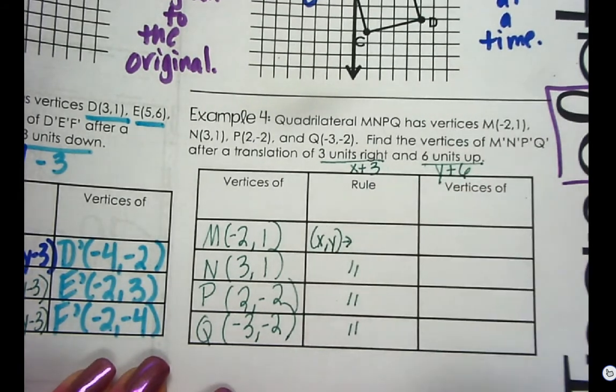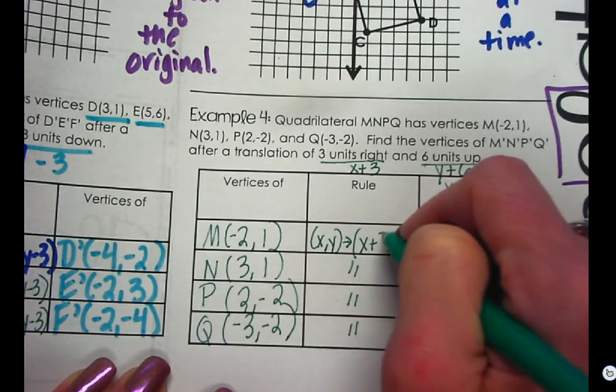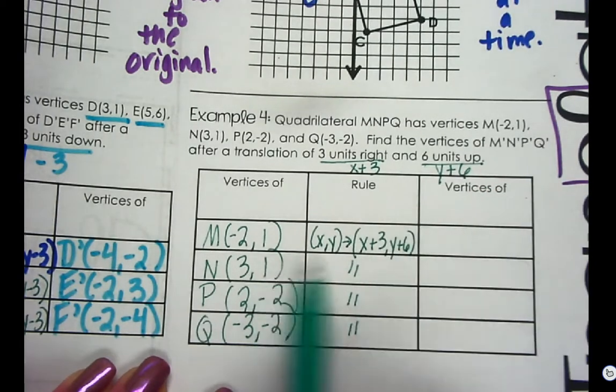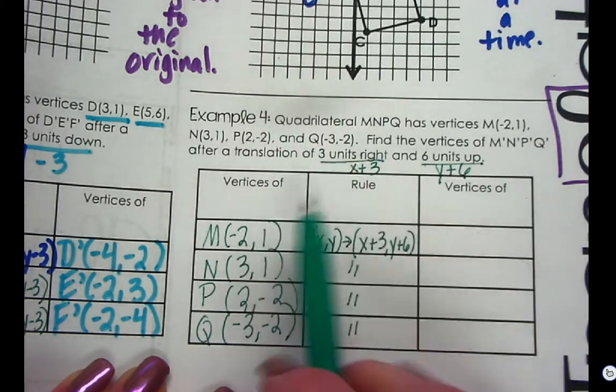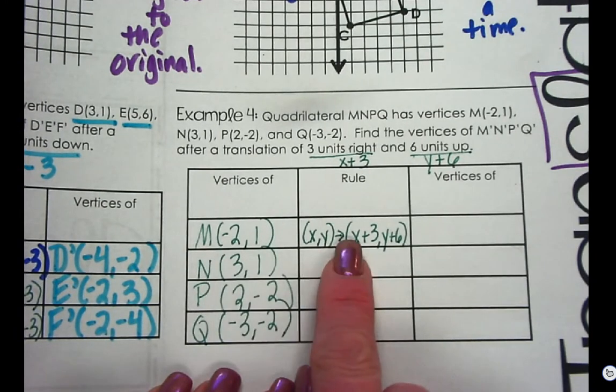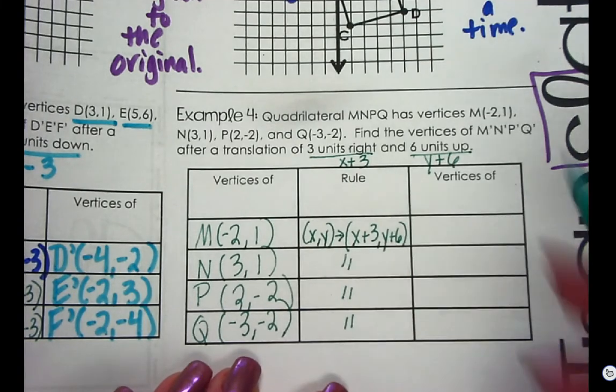We use an arrow to show that we're going to make a change, and it's x plus 3 comma y plus 6. So what makes this so easy is we don't necessarily have to plot it at this point. We can just add 3 to our x and 6 to our y to get our new values.